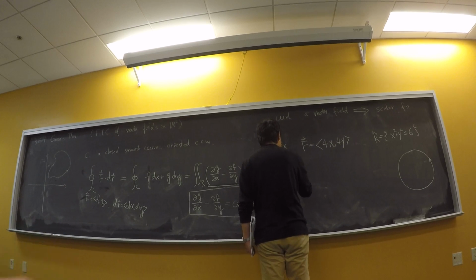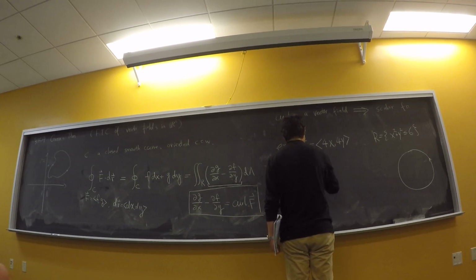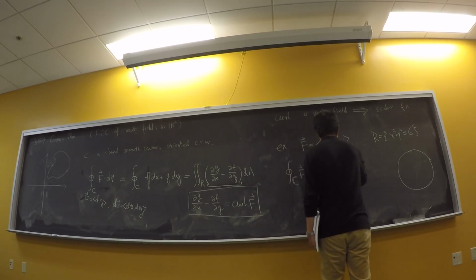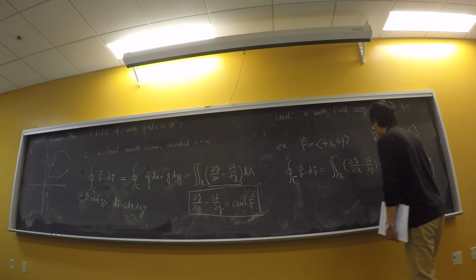So according to the formula, if I have the boundary C, the integral of F dot dr has to be equal to the double integral of partial g partial x minus partial f partial y in the interior.